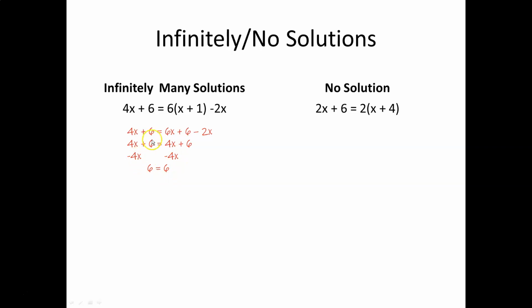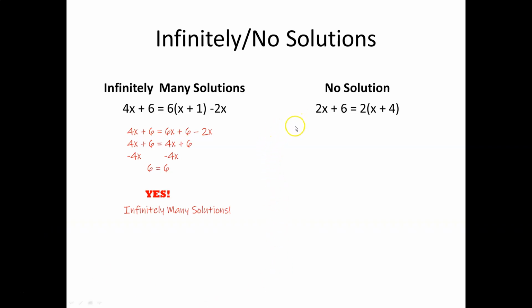So you can't solve and say x equals something when we don't have an x. Then you have to ask yourself, does 6 equal 6? Yes, 6 equals 6. If that is a true statement, we have infinitely many solutions.